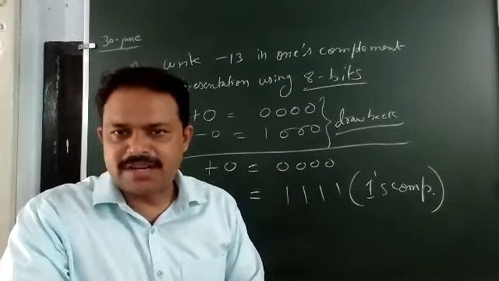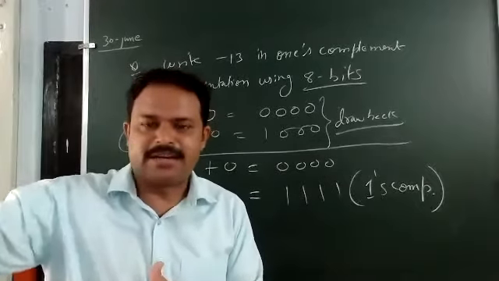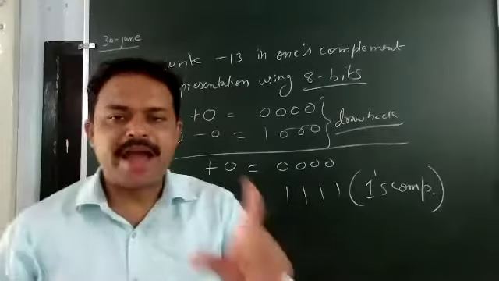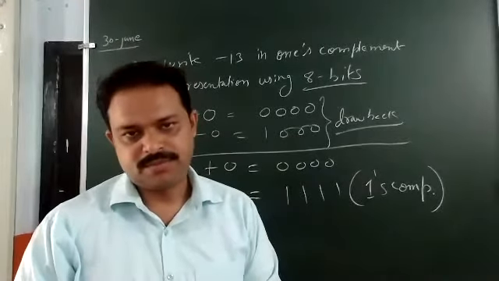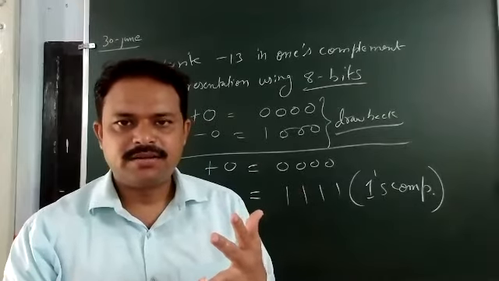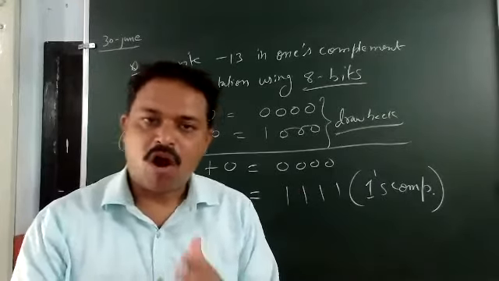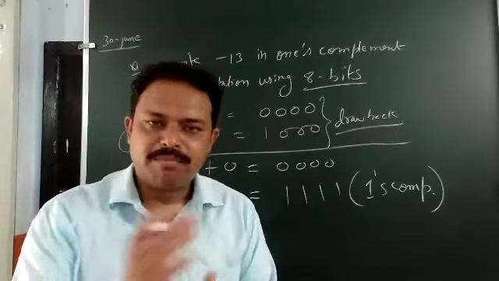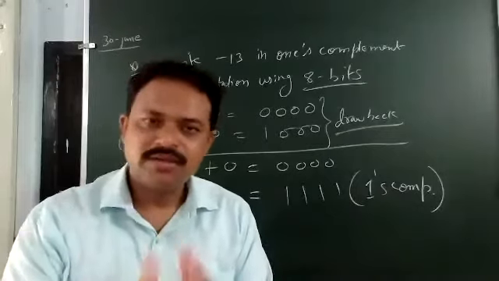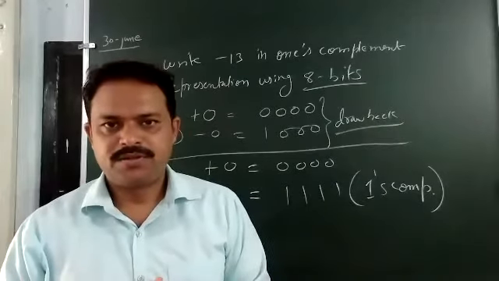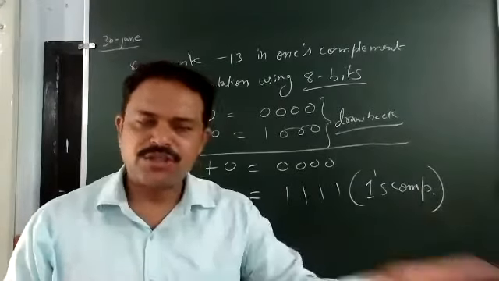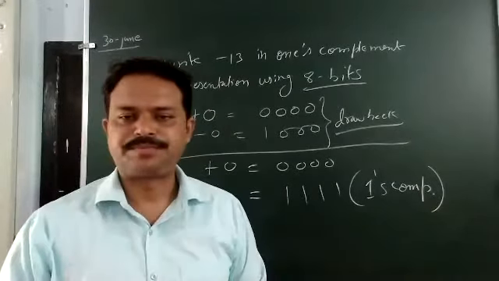Still, there are some more disadvantages that we will understand a little further on when I teach you binary operations. Binary operations means we are going to learn addition and subtraction on binary values: how the computer adds binary values and how it subtracts binary values. There we will understand some more disadvantages of sign magnitude and one's complement.